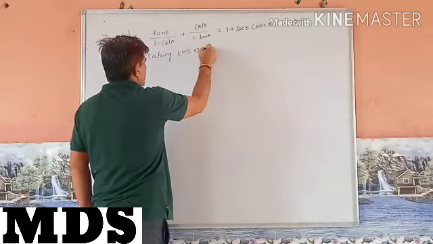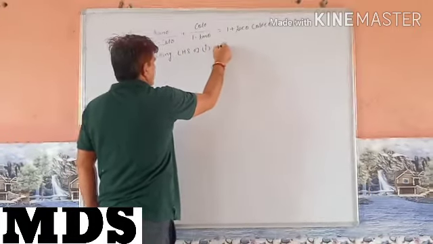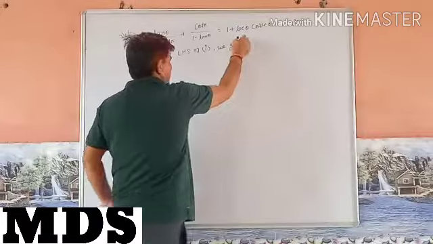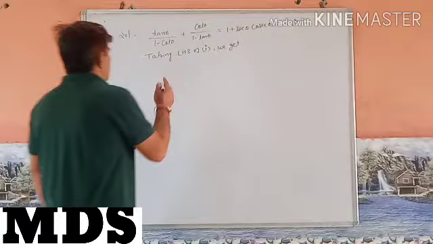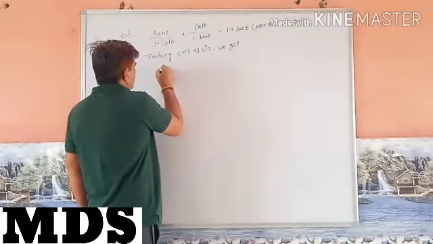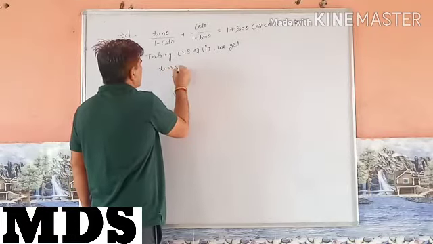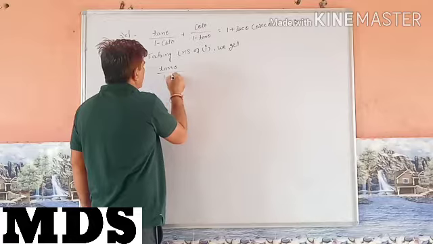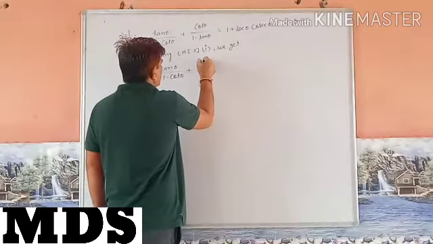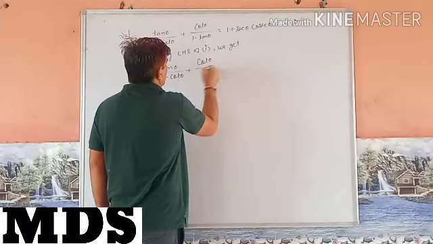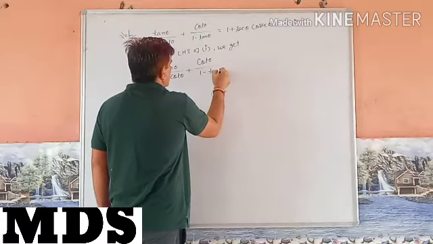Taking LHS of first, we get, taking which part? LHS. So this is LHS: tangent theta by 1 minus cotangent theta plus cotangent theta by 1 minus tangent theta.